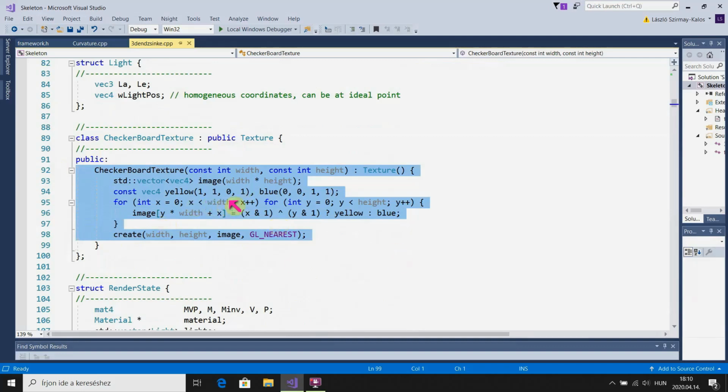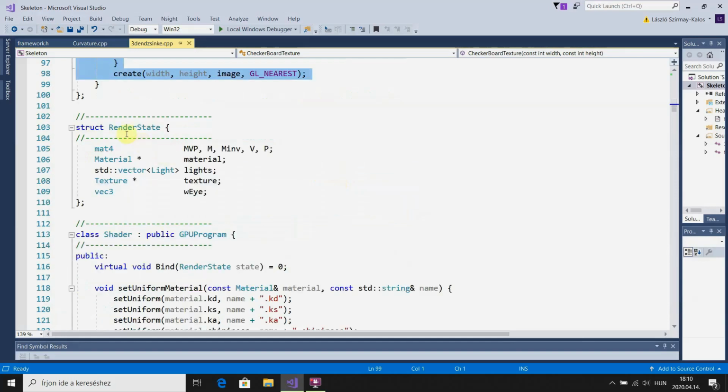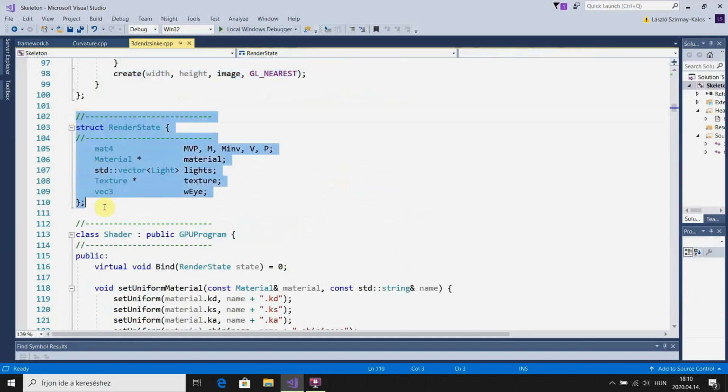The algorithm is very simple. It creates a checkerboard of columns and rows specified by the input parameters, and the two kinds of cells will be colored with yellow and blue.